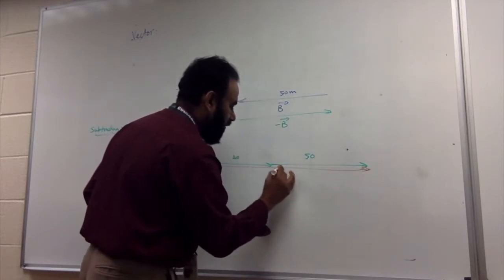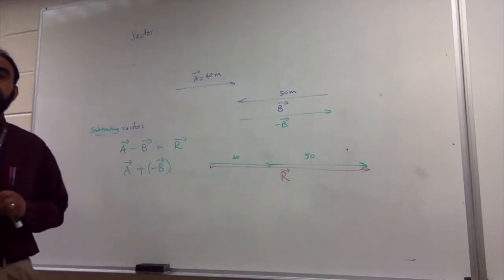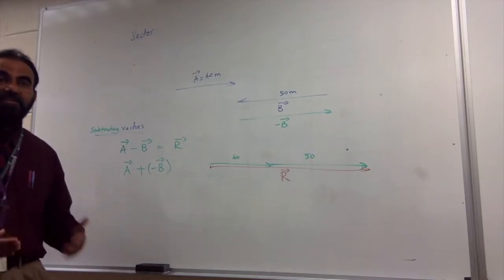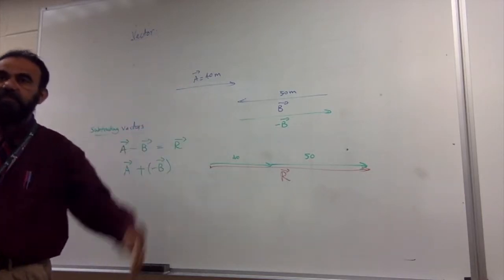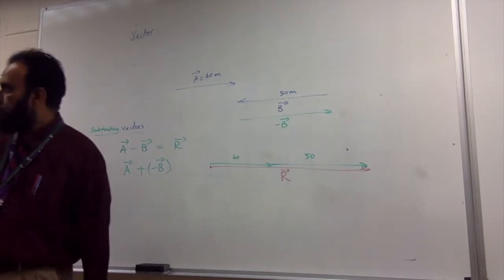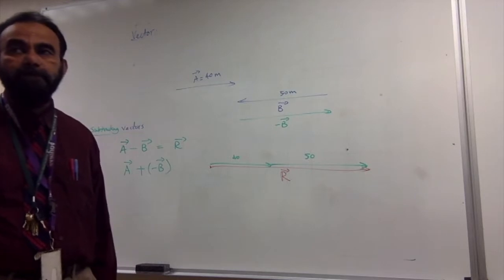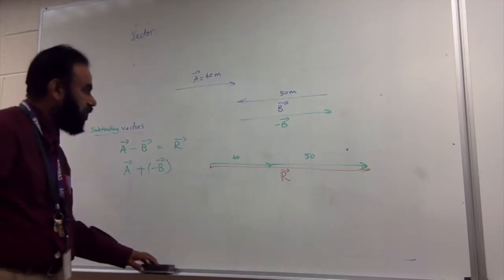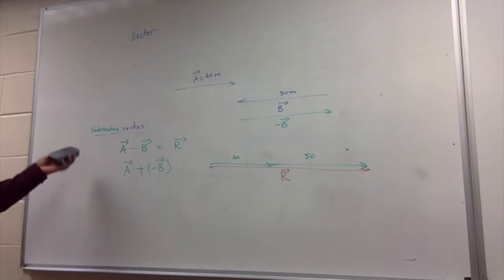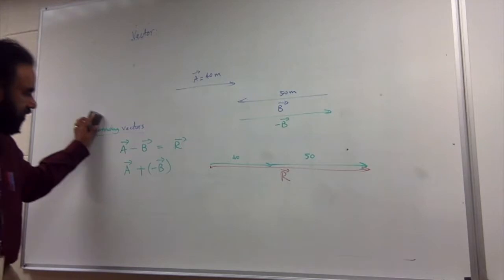That is the result. And in this case, it's going to be 90 meters to the east. That's the resultant. Okay? Clear? So you know how to add vectors, how to subtract vectors.